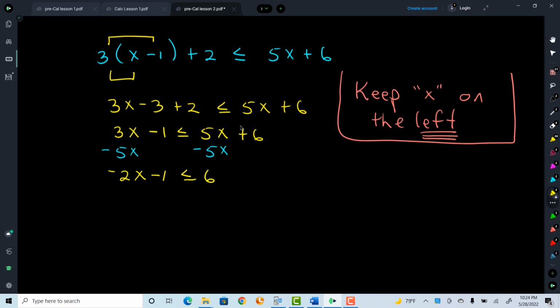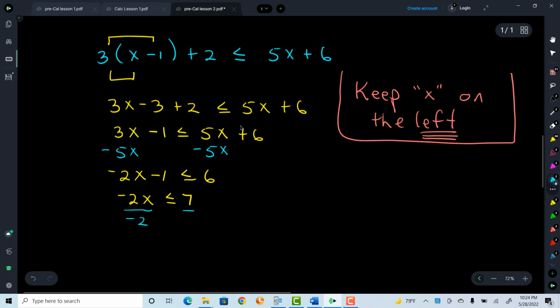So then we're going to add 1 to both sides, so we get negative 2x less than or equal to 7. Now we're going to divide by negative 2. Now, does anyone remember what we do with an inequality when we divide by a negative number?